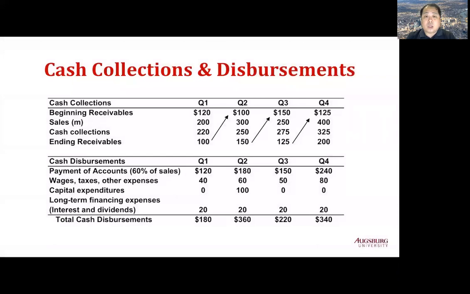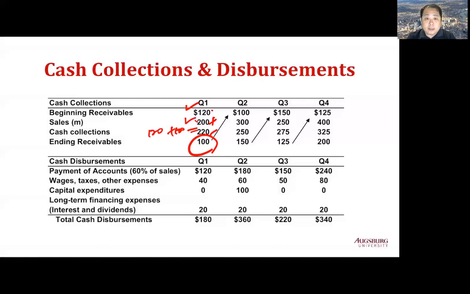Let's compute cash collection and disbursement for each quarter. In quarter 1, the beginning balance of receivable is 120. Sales are 200. We collect the beginning receivable, 120, plus half of current sales, 100, total 220. And the ending receivable is 120 plus 200 minus 220, 100 million.